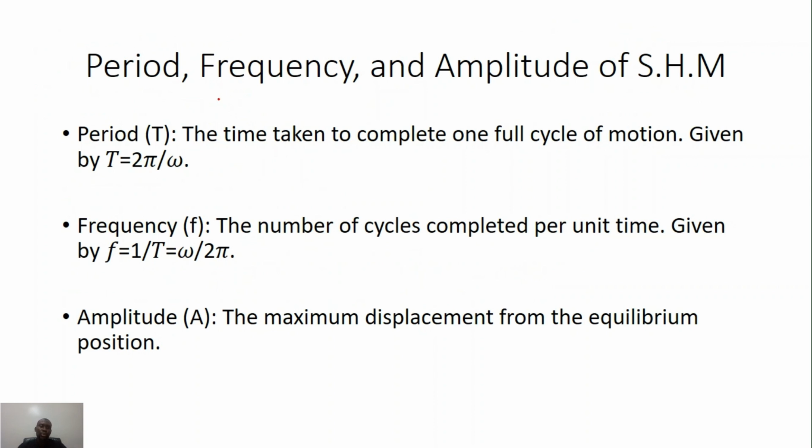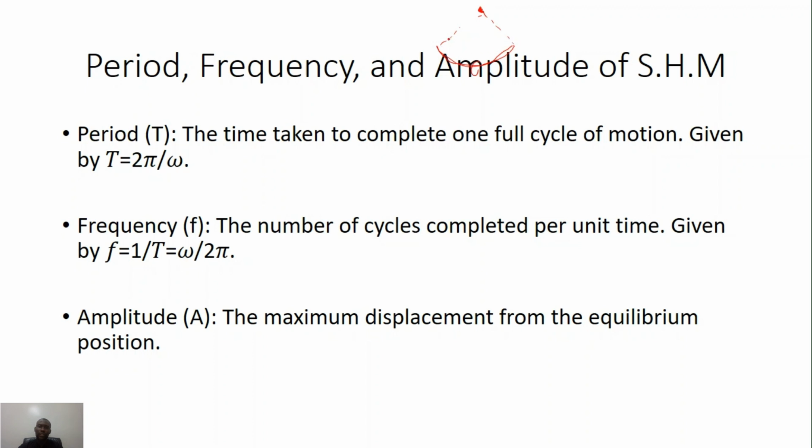In simple harmonic motion, there are terms that are very important to understand. One of these terms is what is called the period. The period is the time taken for the body to complete one oscillation. And one oscillation is described as oscillation that moves to this place and back.